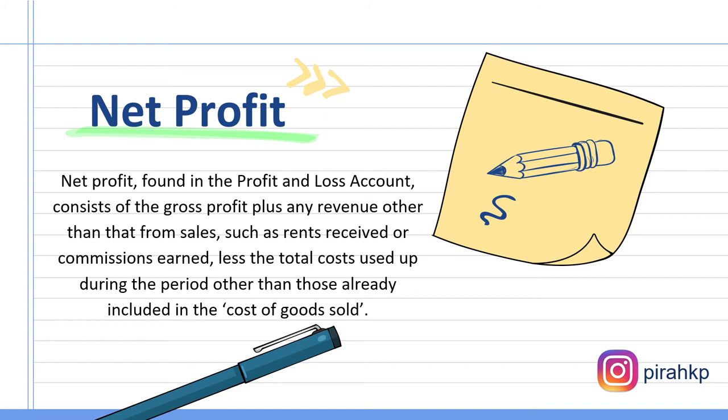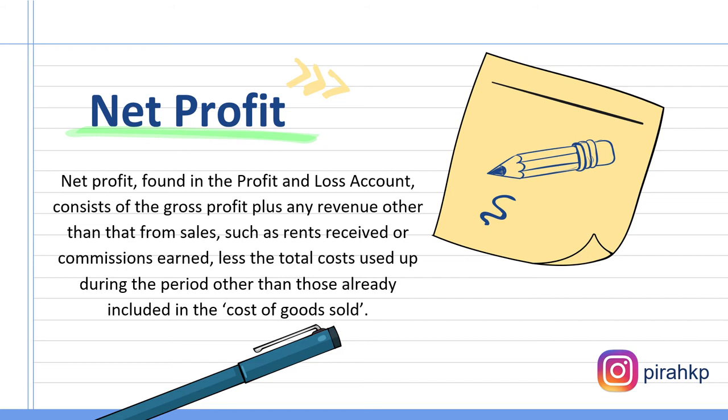Do you remember what was gross profit? So over here you are going to say gross profit plus any other revenue that you might have. It's not really important for every business to have some other revenue stream, but if you do have it, then you have to add it, include it, and then you have to subtract it from expenses.